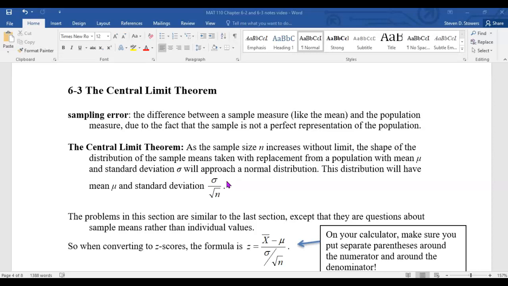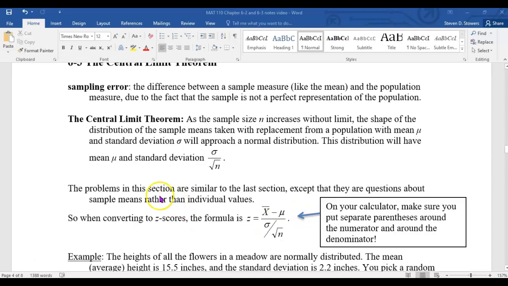And the reason that's important is that when we calculate z-scores based on not individual values, but sample means, instead of just doing x minus mu over sigma, we're calculating x bar minus mu over sigma divided by the square root of n.